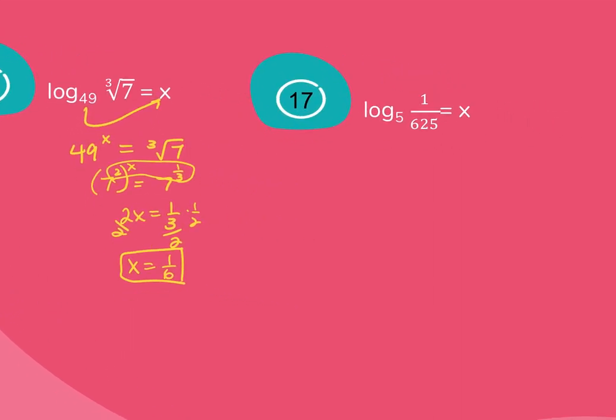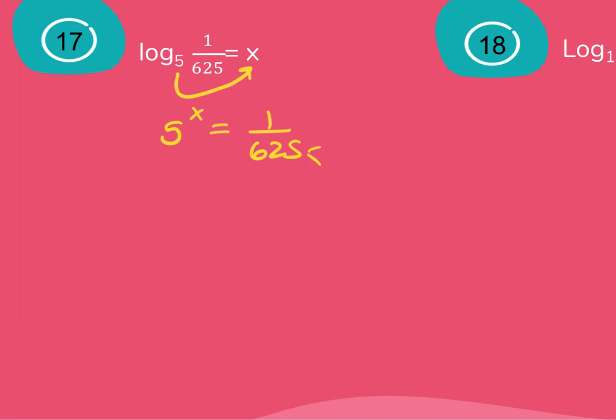Log base 5 of 1/625 equals x. So 5 raised to what power is 1/625? The first thing I know is it has to be negative because it has to move to the bottom. And then I have to break this down if I don't know it. So 5 goes in here, 105. Nope, 125.